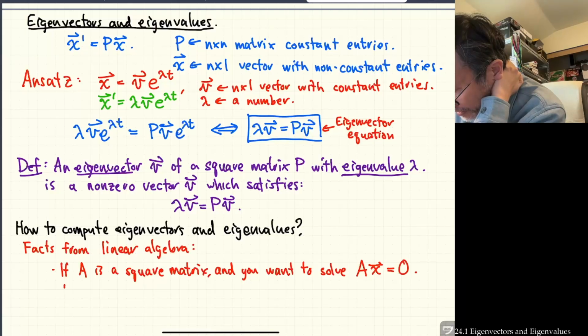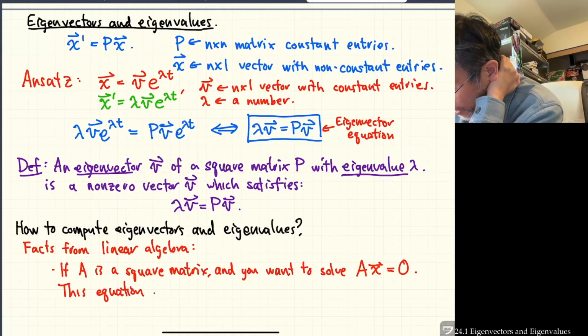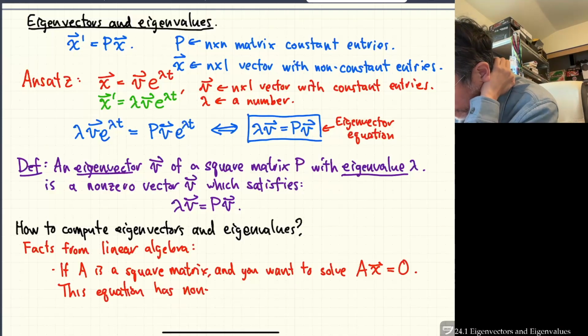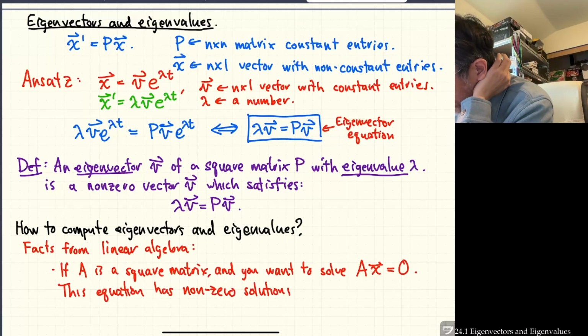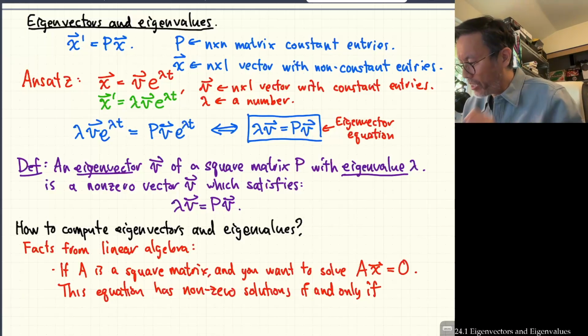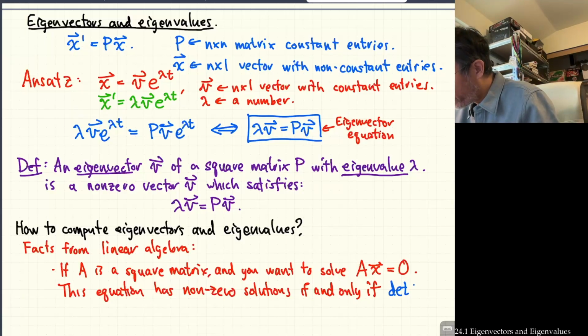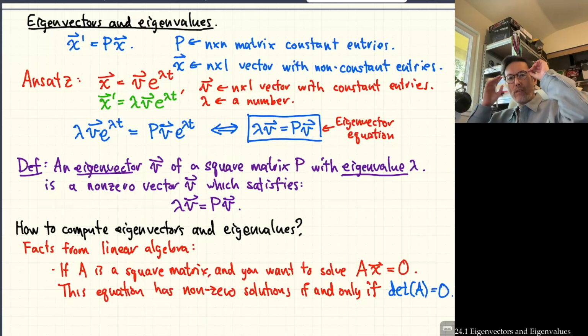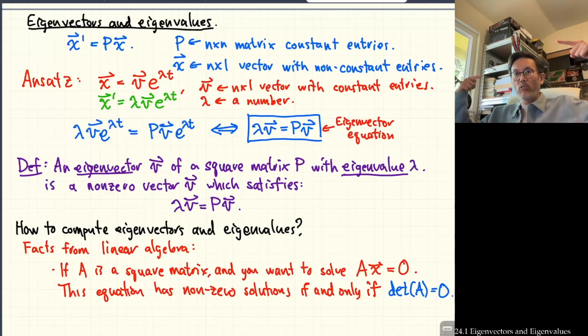Let's say you want a solution which is not just x equal to 0. This equation has non-zero solutions if and only if, and this is the crucial condition, the determinant of A is equal to 0. So it goes both ways.